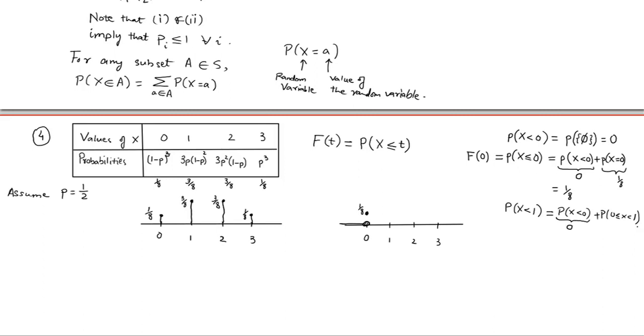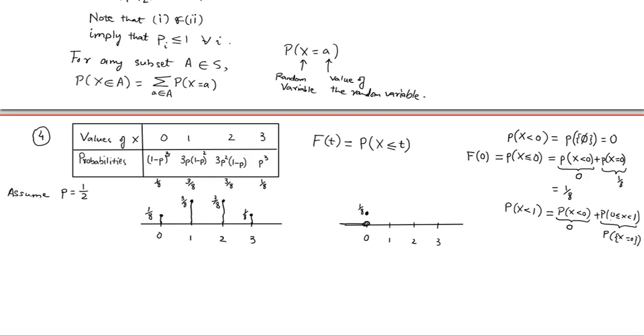And what is this? So 1 by 8. Yes, this is equal to probability that x takes on the value 0. Because look, x cannot be between 0 and 1.